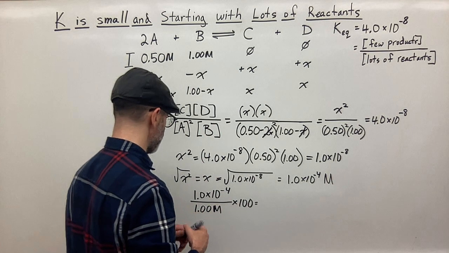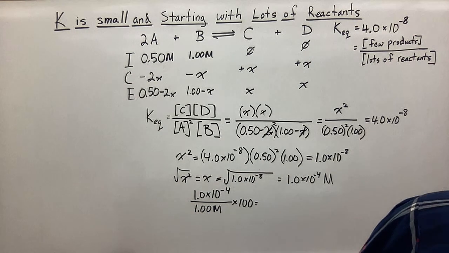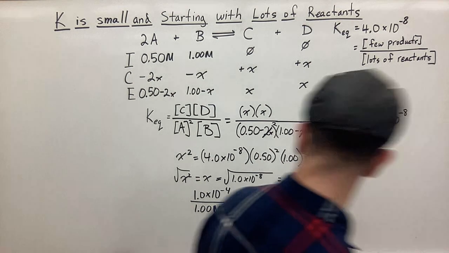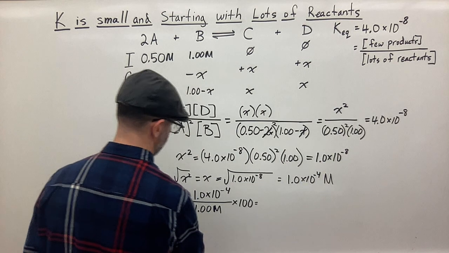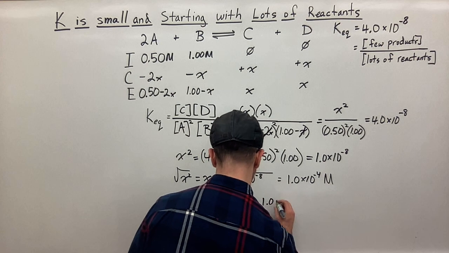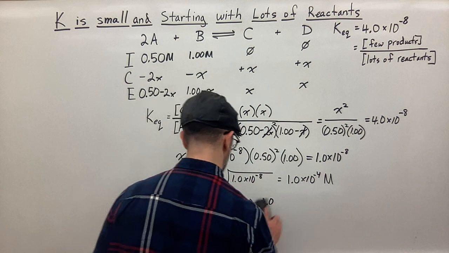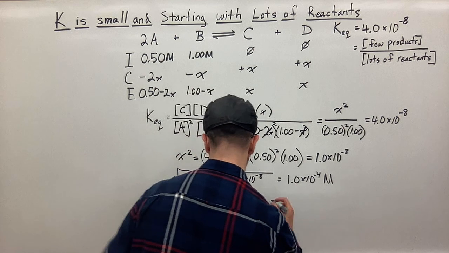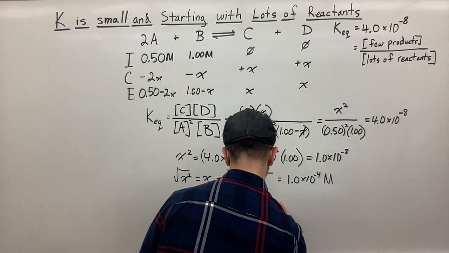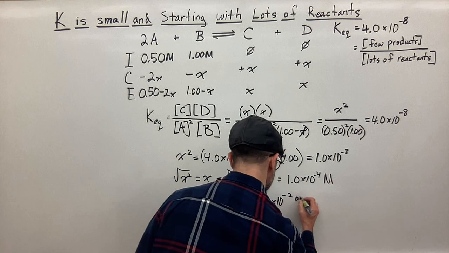And what do you get? You get 1.0 times 10 to the negative 2%.